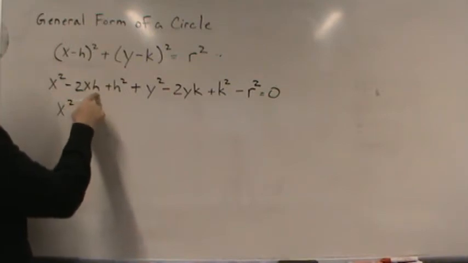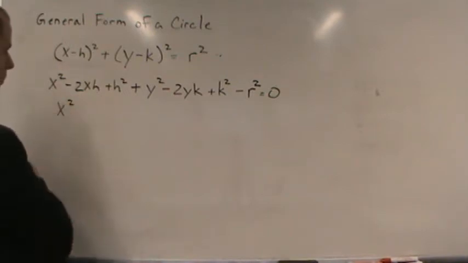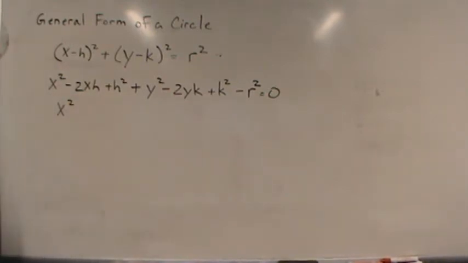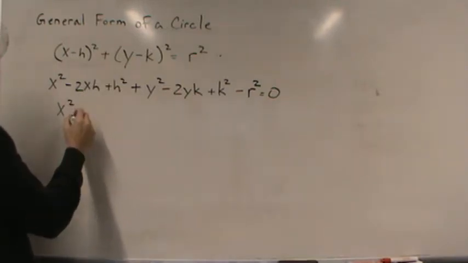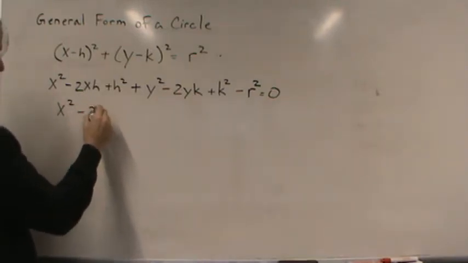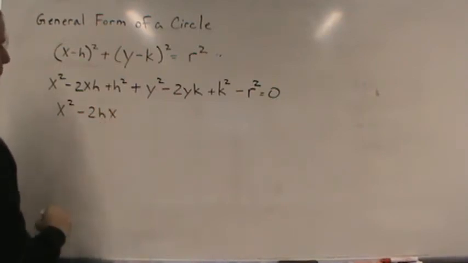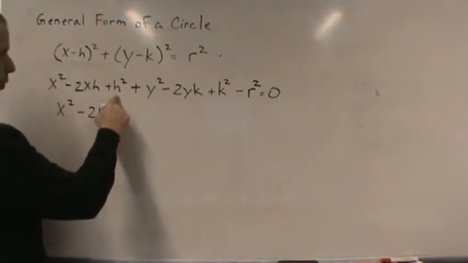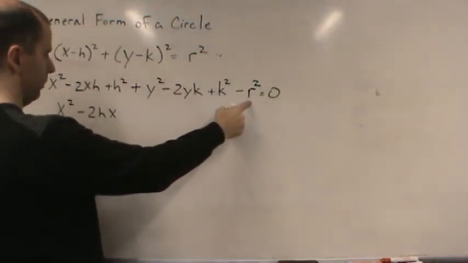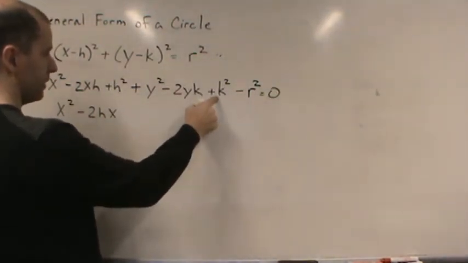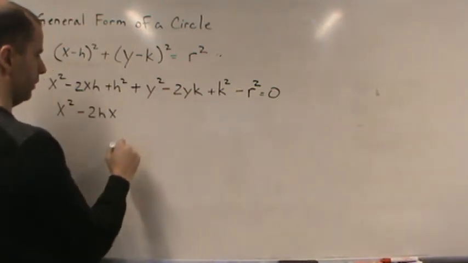I'm going to rearrange these as well, so I'm going to write this as minus 2hx. Then I've got an h squared, which is a constant, and a constant here, and a constant here. So I'm going to group those together.